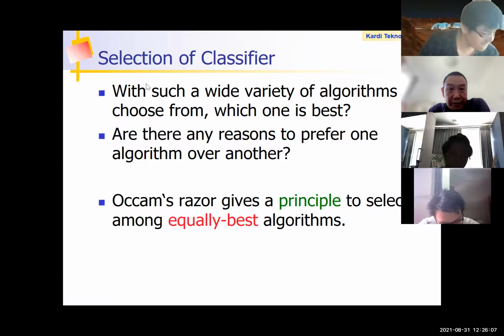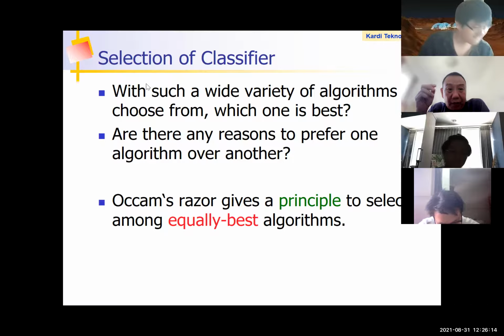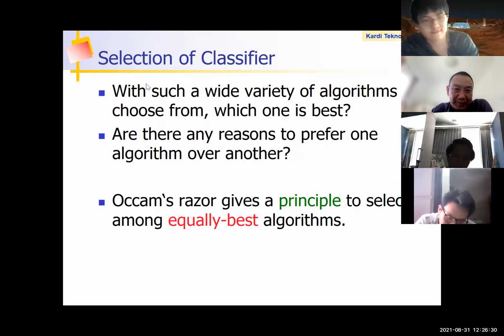The question is simply, which one is the best? Is there any reason that you prefer one algorithm over another? So there is a principle that we call Occam's razor. Occam's razor will give the principle to select among equally good algorithms.